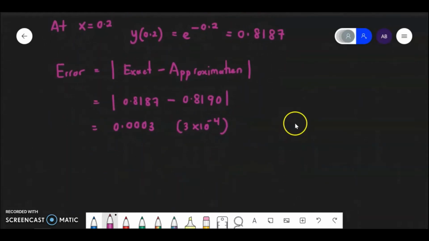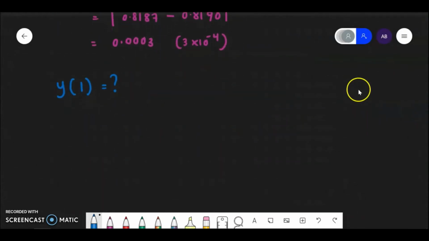Okay, now what if you want to look at the solution at x equals 1? So I need to find how many steps.